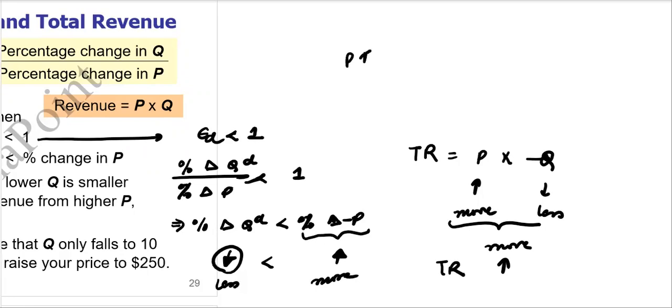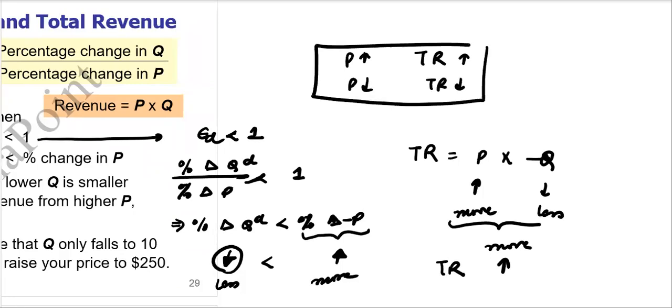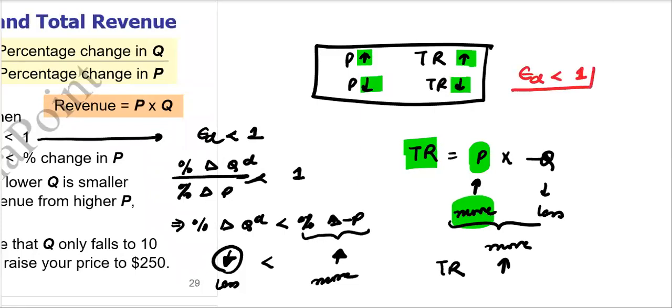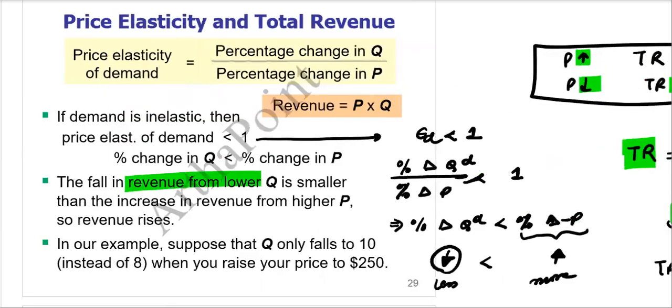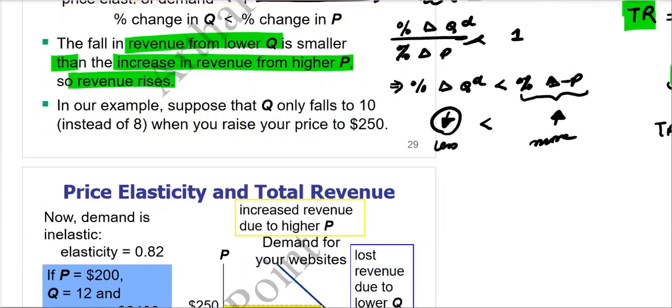So when price increases, if TR increases, or when price decreases, TR decreases, they move in the same direction because price has more impact. Total revenue and price moving in the same direction implies that the elasticity of demand is less than 1. So the fall in revenue from lower quantity is smaller than the increase in revenue from higher price, so revenue rises.